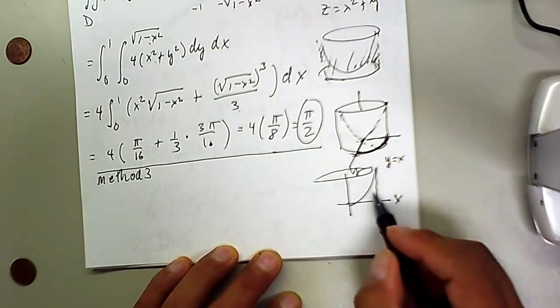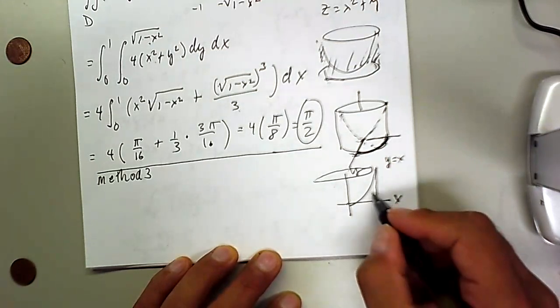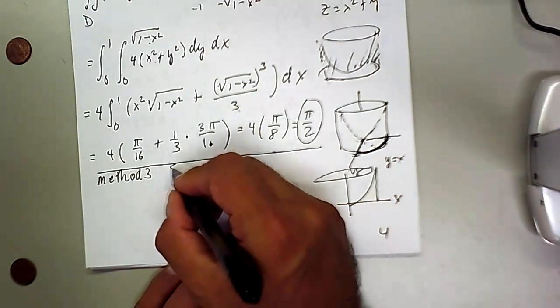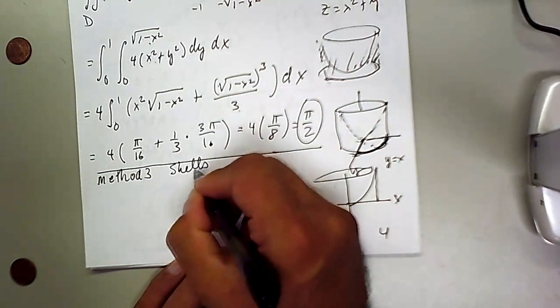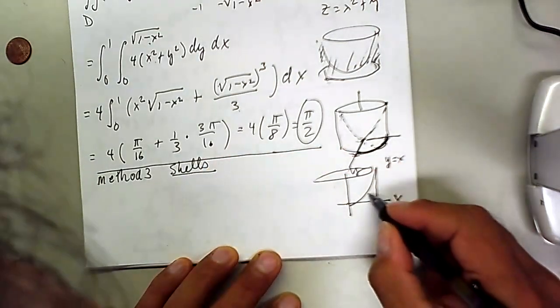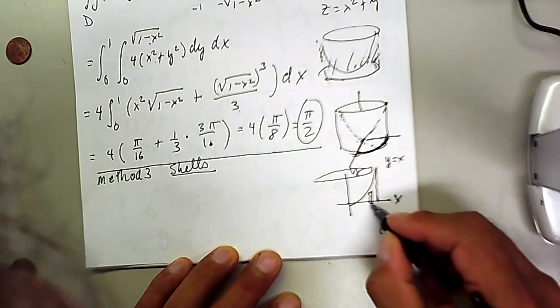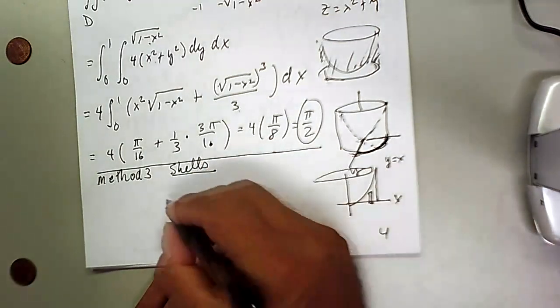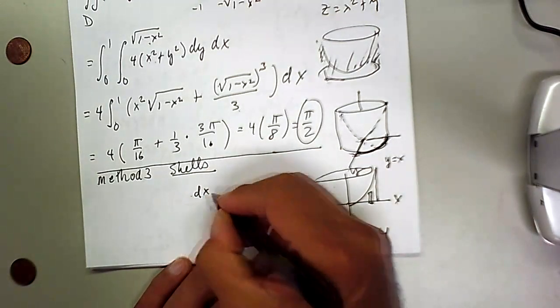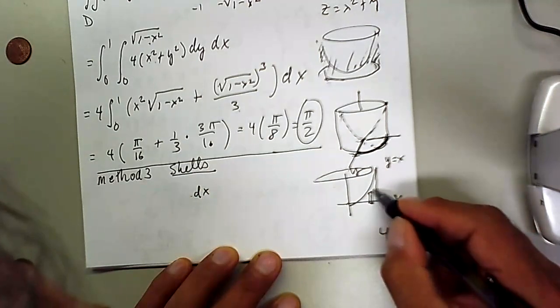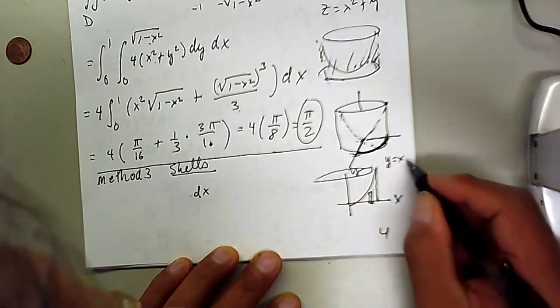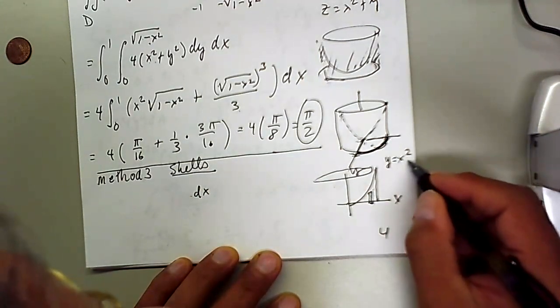And you remember from Calculus 2, if we use the method of shells, so we take this strip, delta x, so we're going to integrate with respect to x, and then the height of this is, oh, I missed the x squared here, y equals x squared.